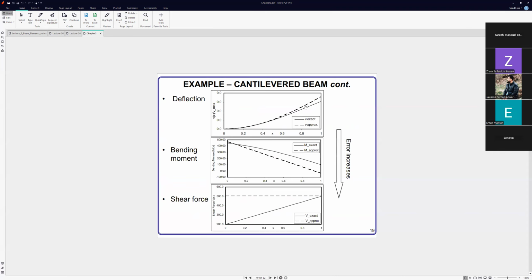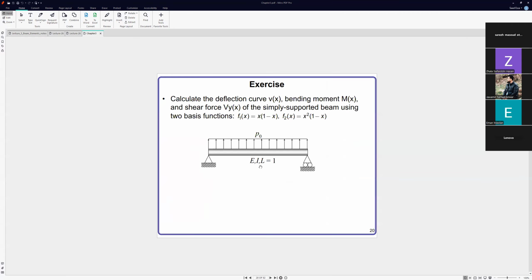Okay, so this is the curve. Also you can find here we have 0 deflection and it goes increasing with the L bending moment. Here we have the exact one. The dotted one is the approximate one. Here we have the shear force. Here we have the exact one. Here we have the approximated one. So this is the exercise.